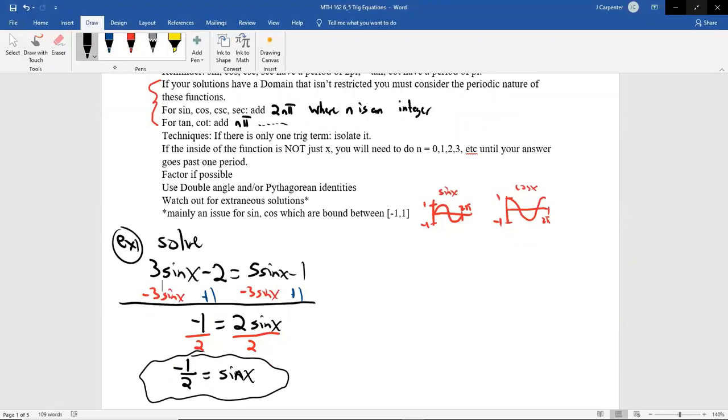You saw problems like this in class, homework, and on the test, where you're trying to find out what angles make this statement true. And remember, quite often, there are more than one answer to this, because for any angle, in quadrant 2, 3, or 4, you can take a reference angle and recreate it, and then it's just the same answer.